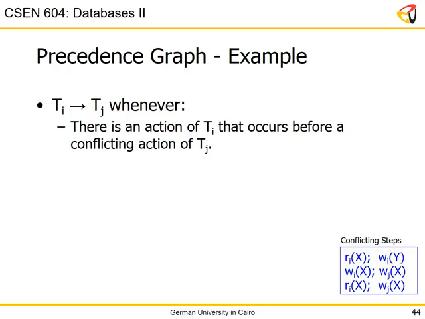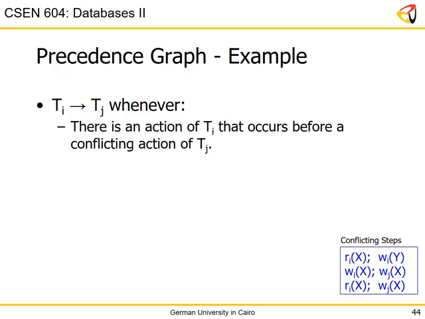Okay? So this implies there is an action of Ti, or transaction I, that occurs before a conflicting action of transaction J. The way this works is that we look at a schedule and find the conflicting steps. When we see a conflicting step, we know that we cannot change its order.